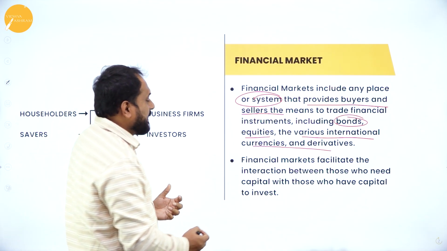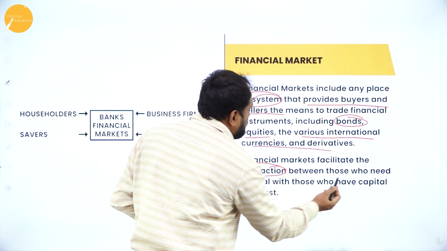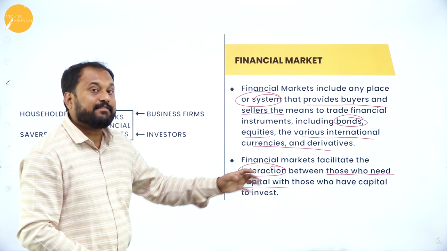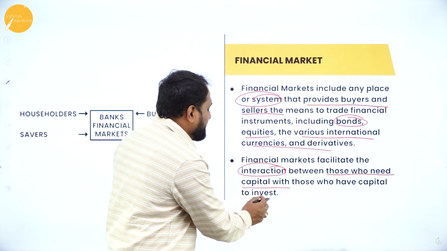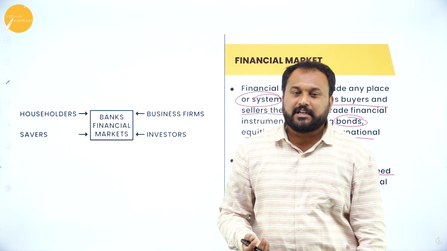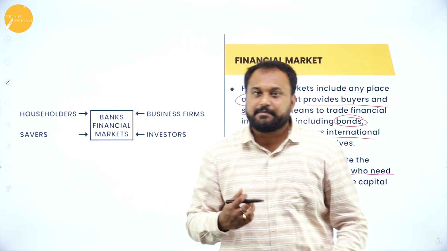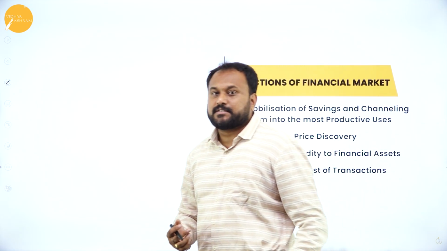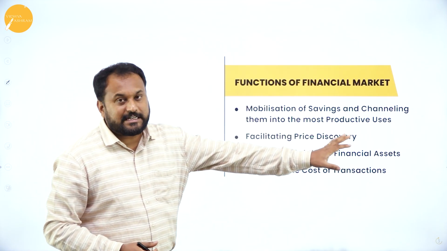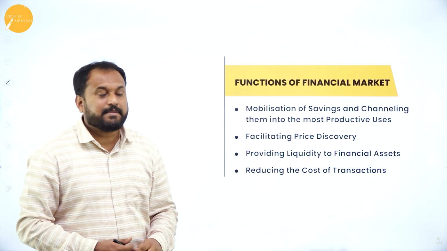Financial market facilitates the interaction between whom? Between those who need capital and those who have capital to invest. That is what the financial market does. A very simple meaning which you can write for 1 mark. Now, there is also a topic which we need to understand: functions of financial market. What are the functions of financial market?